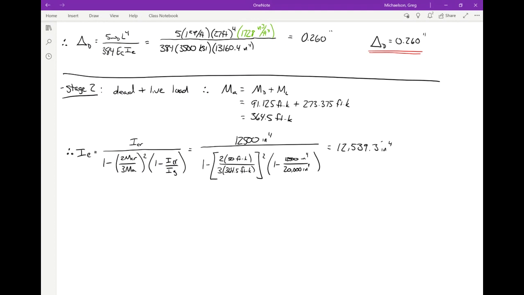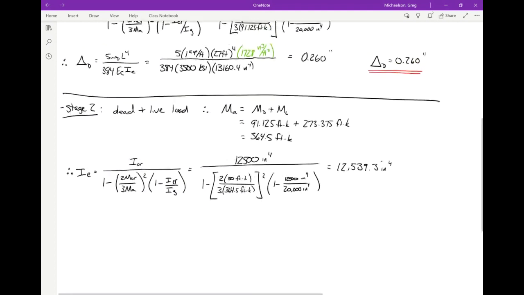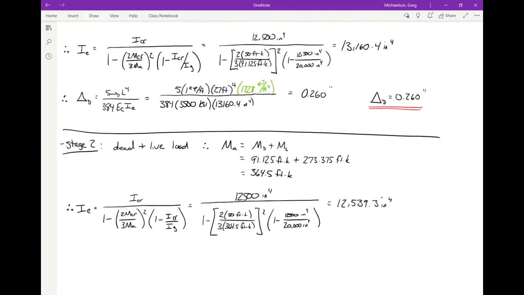All right. So notice what happened from before. Maybe I'll use a different color. Look at this value and look at this value. More load is on the beam in stage 2, so more of the beam is cracked, so the moment of inertia goes down.